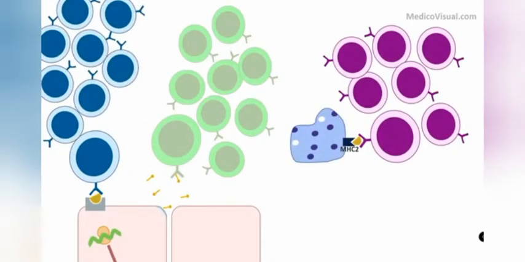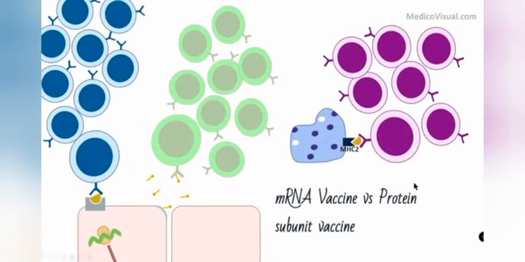Now here I would love to highlight another point, that how this mRNA vaccine is better than the traditional protein subunit vaccine. Let's suppose we give an S protein directly, we are not giving mRNA, we are giving the S protein of coronavirus directly.